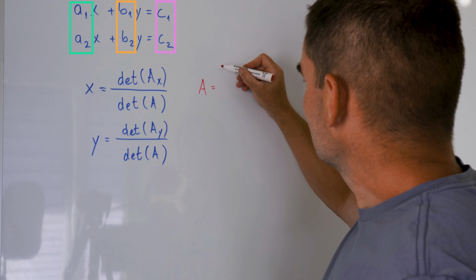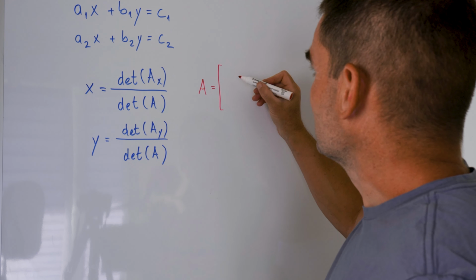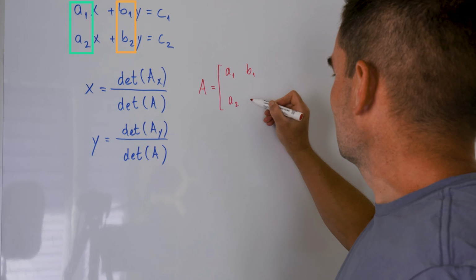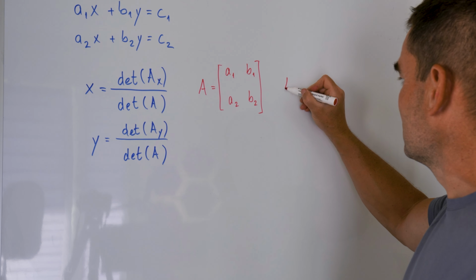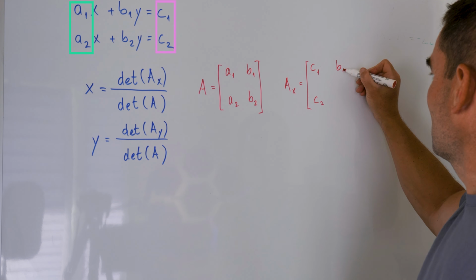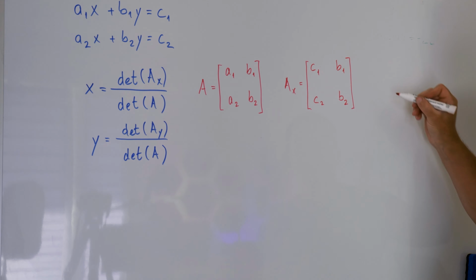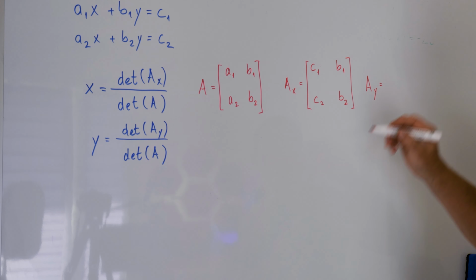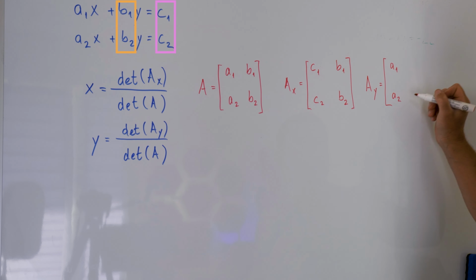So for our system, A would be a1, b1, a2, b2, and Ax and Ay would be c1, b1, c2, b2, and a1, c1, a2, c2 respectively.